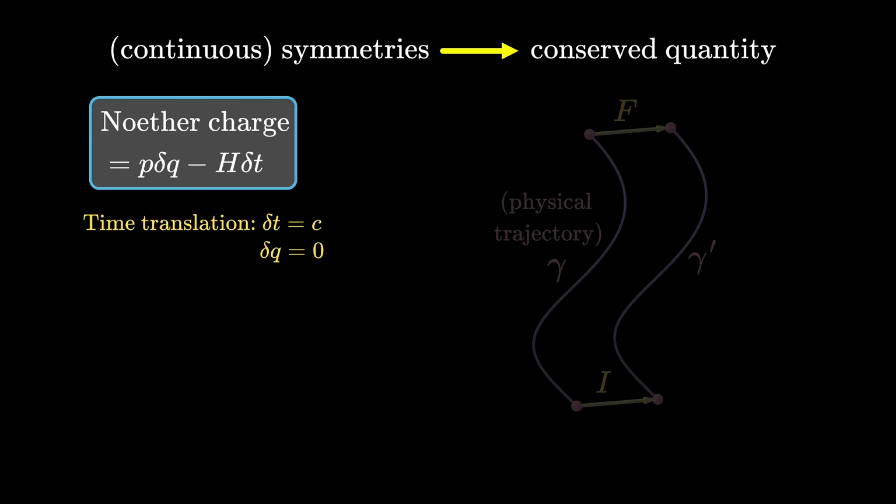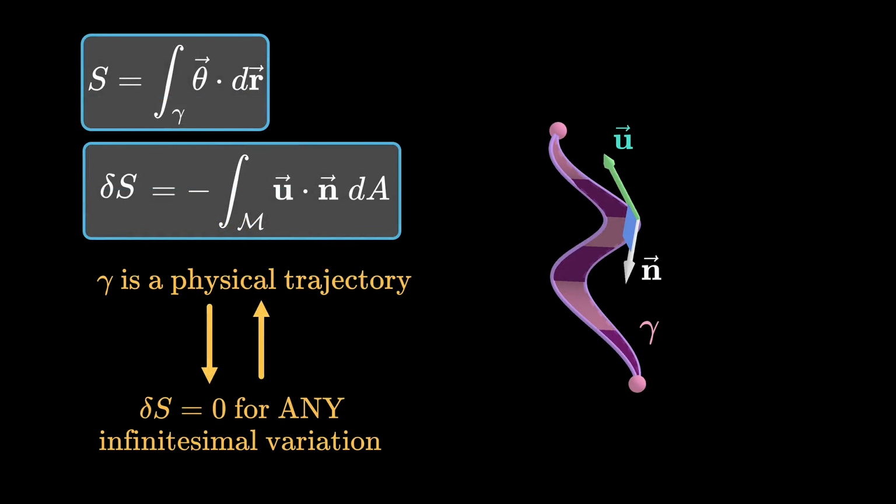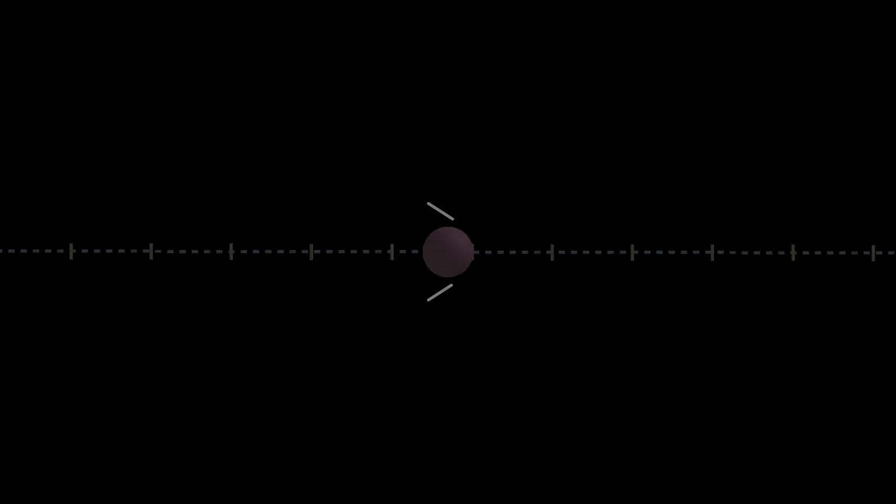Similarly, for a time translational symmetry, the transformation is a translation in time and q unchanged. Applying the same formula gives Noether charge as some constant times Hamiltonian, and energy is conserved.